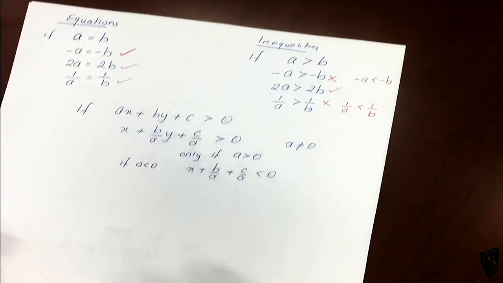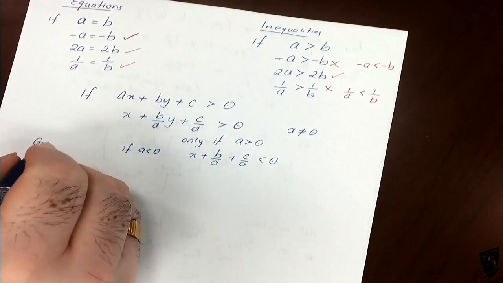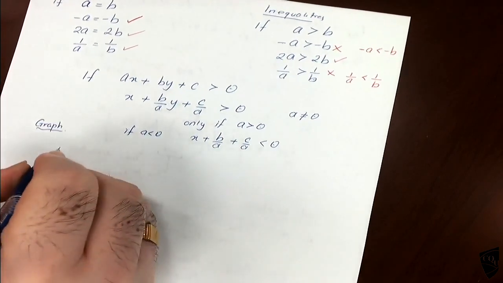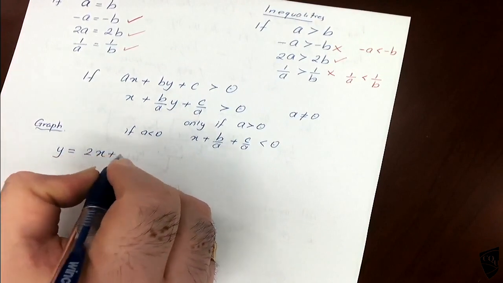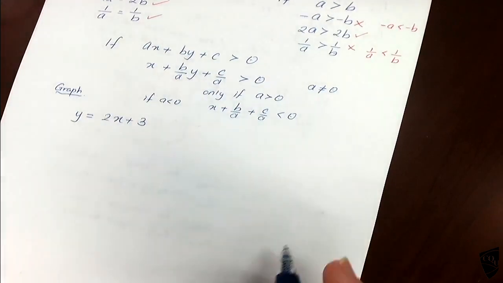So the other one is a graph. If I say y is equal to 2x plus 3, can you see that? Okay.